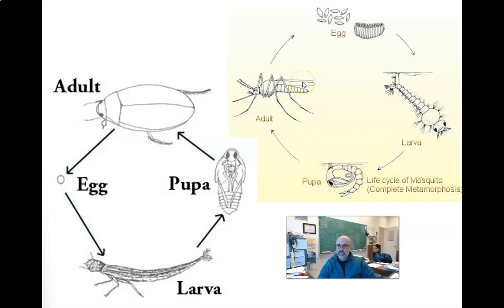Okay. Mosquitoes, which are a dipteran, right? We have the eggs, which are laid in floating rafts on the water. They hatch into this weird little wiggling larvae that breathes through a little spiracle on its butt. They pupate and then hatch into the adult stage. Right? Holometabolous.